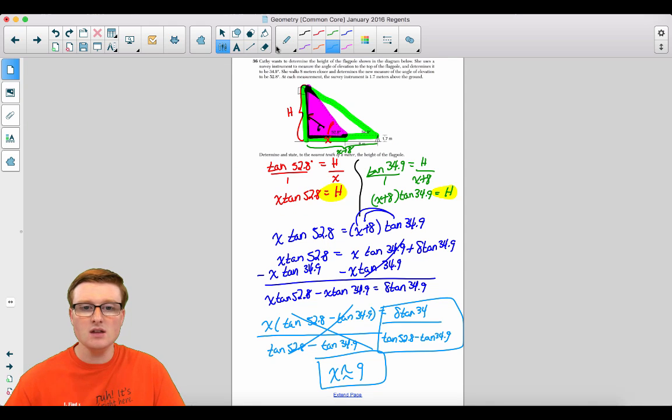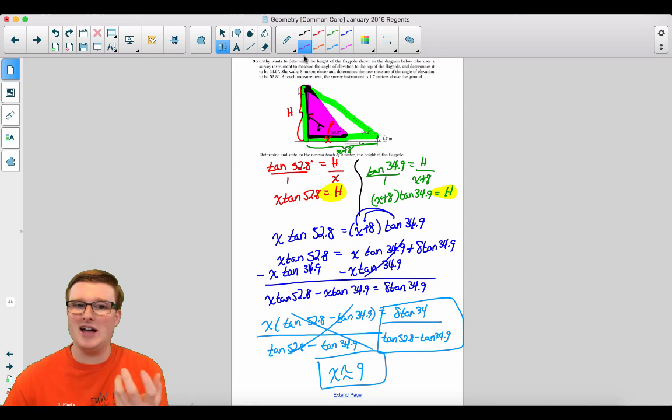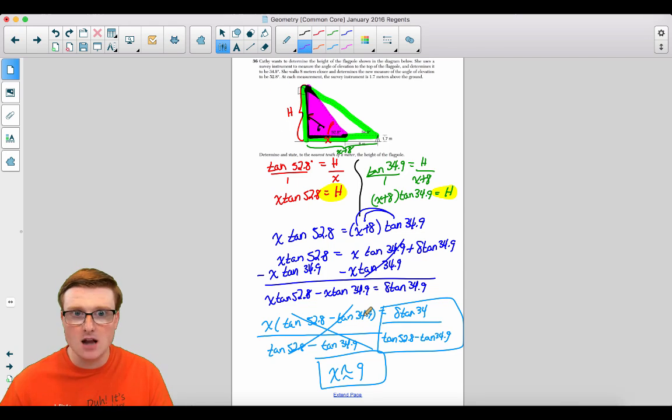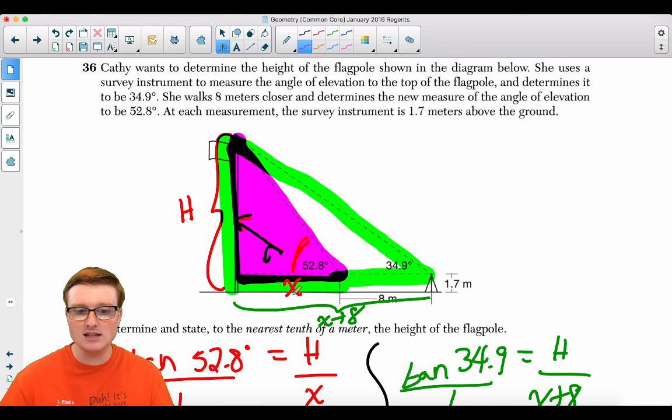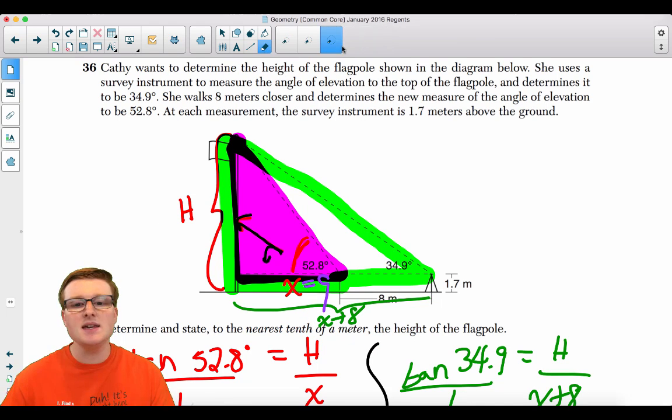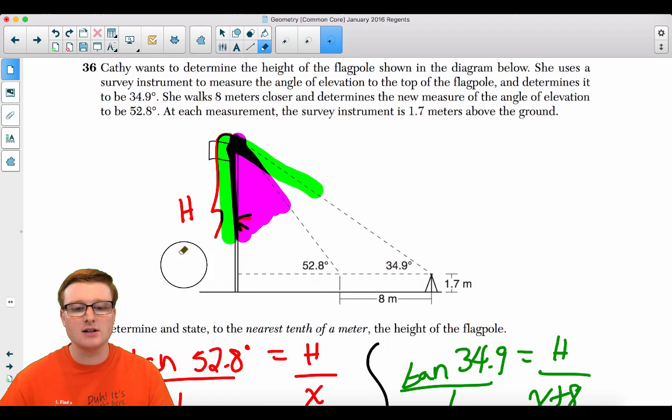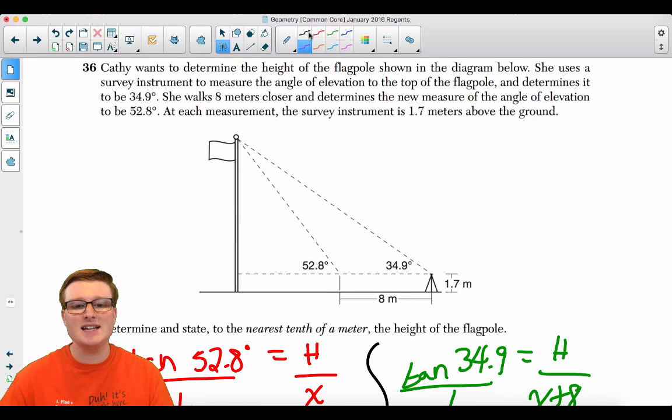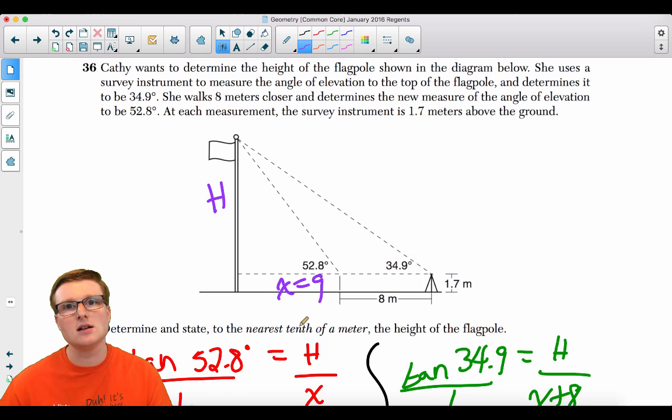Now, remember what we're trying to find. It could get confusing at times. We're trying to find the height of the flagpole. X is approximately 9. If you go back to the top, x is now 9. Wait a minute. Let me get rid of all this stuff. I just said that x is equal to 9.